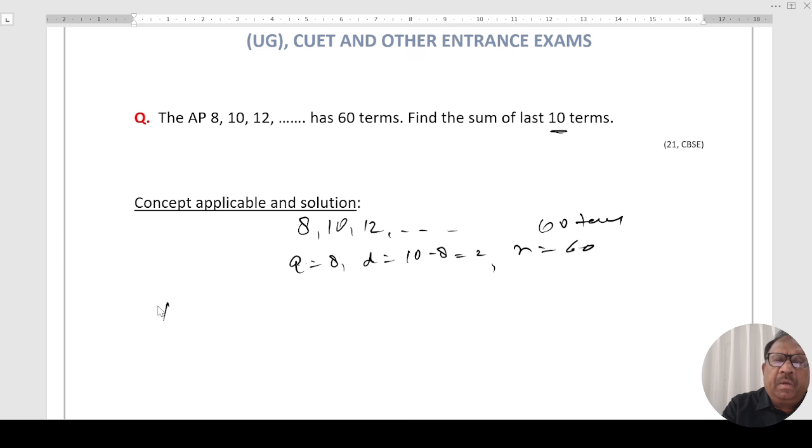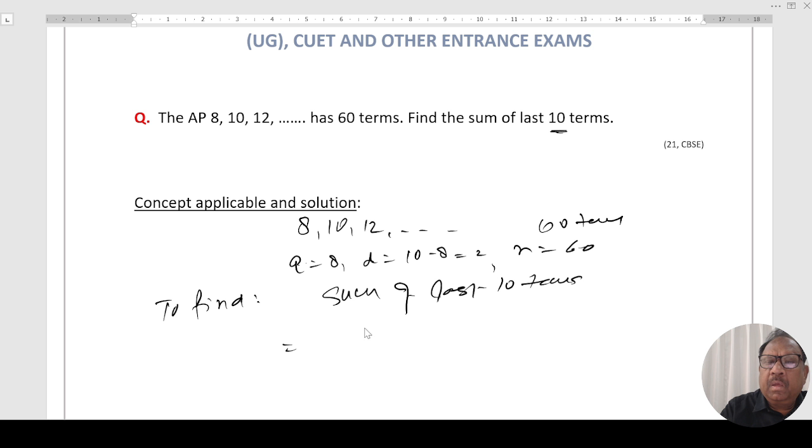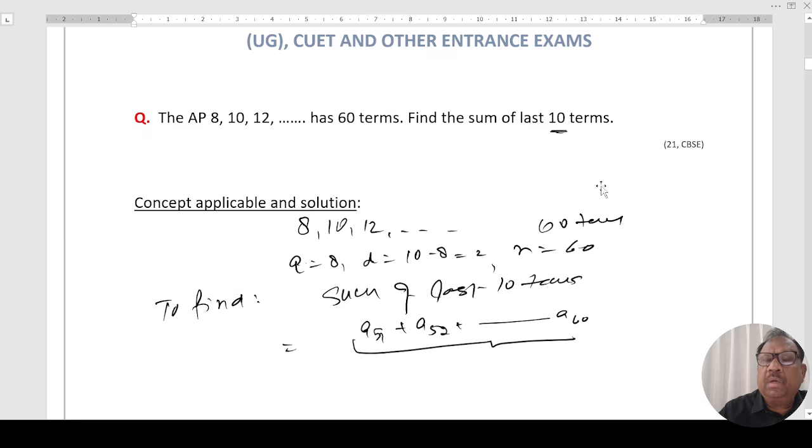To find the sum of the last 10 terms. The last 10 terms will be A51 plus A52 up to A60. You have to find the sum of this.